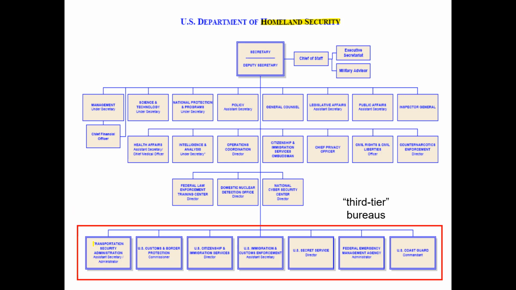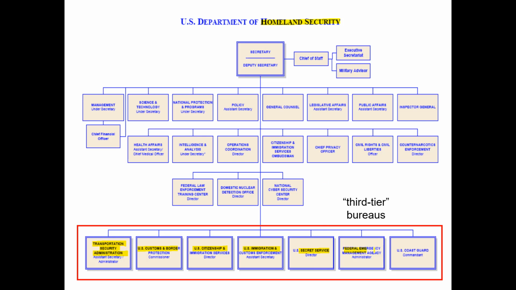So if you've traveled through an airport recently, you're probably familiar with the TSA. These are the three groups that are responsible for immigration, border protection, customs enforcement. Down here, formerly, this one used to be called Border Patrol. The U.S. Secret Service, which is tasked with protecting our elected officials as well as involved in counterfeiting.